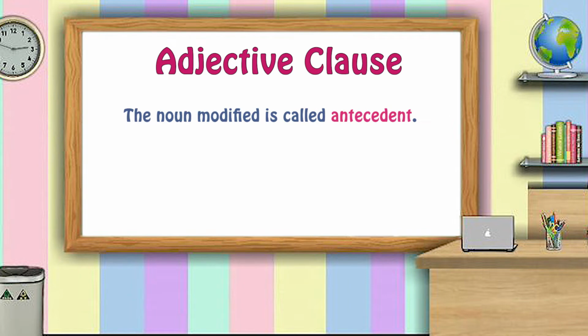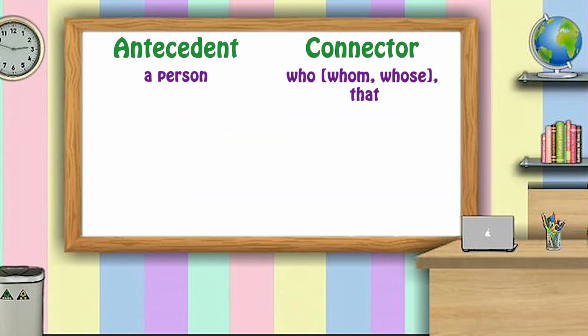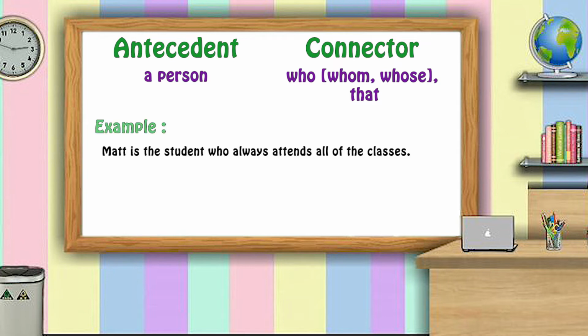Different antecedents take different connectors. If the antecedent is a person, we use the connector or relative pronoun who or that. Let's see the example.